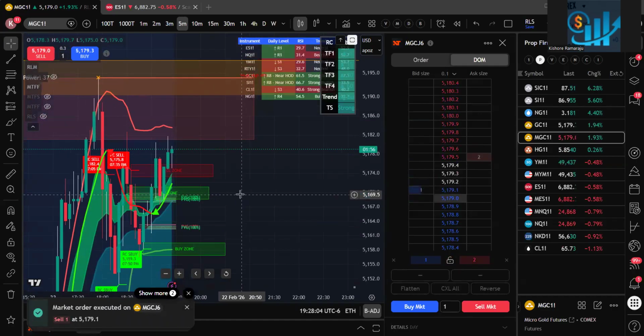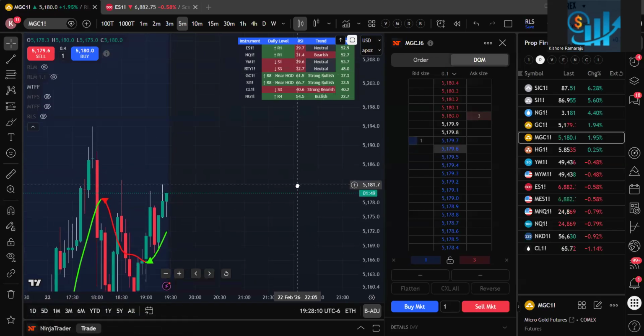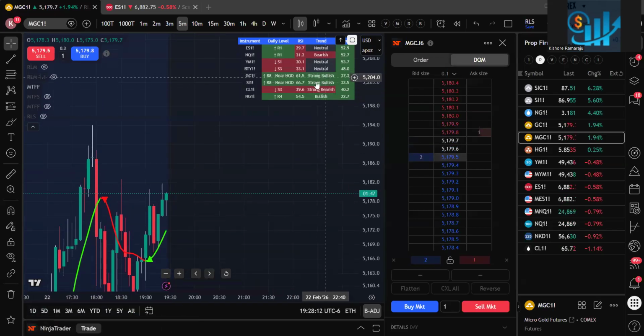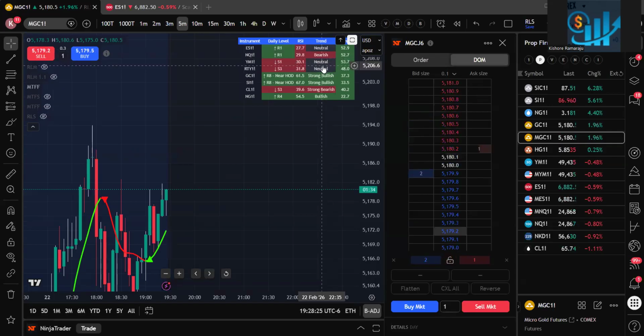Right. So as I mentioned, step number one, identify the most bullish or most bearish. If you don't have any strong bullish or strong bearish, then you look for the bullish or bearish. If anything is neutral, those are the ones you want to avoid. You don't want to take trades with ES or YM, RTY.